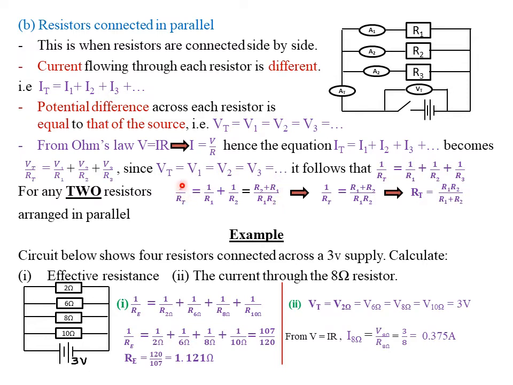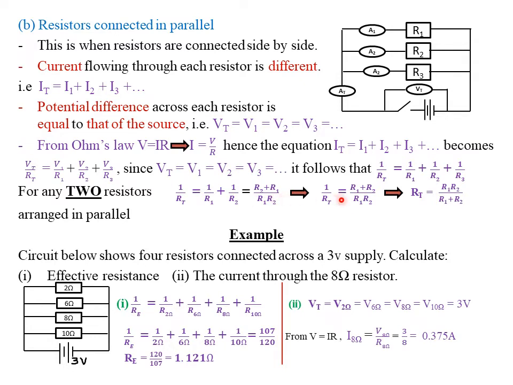So if I pick the first part and the last part here, I'll have 1 over R total being equal to R1 plus R2, which is just the same as R2 plus R1, because we know that a sum is usually commutative. That is, we can just change the position without changing the total value of the equation.